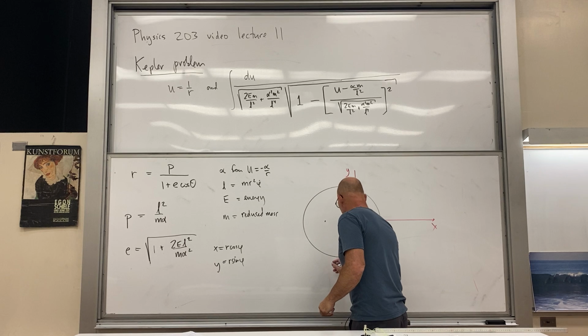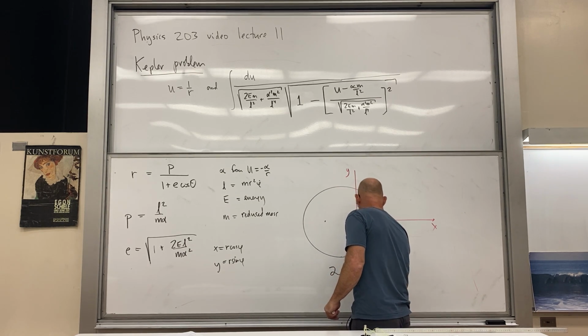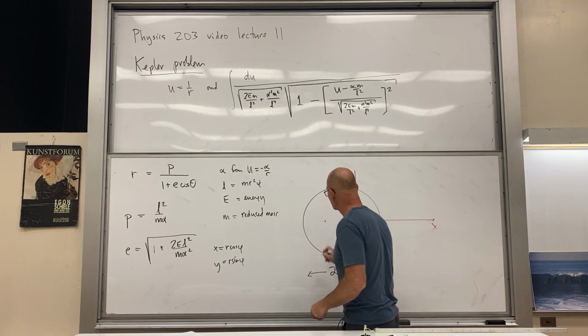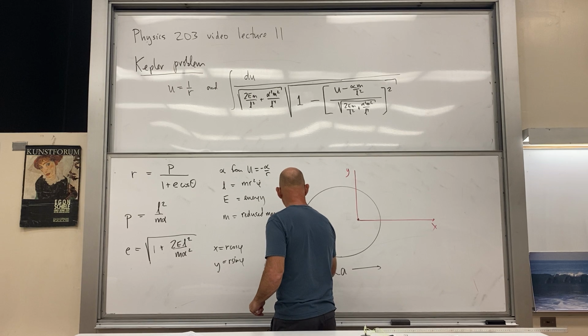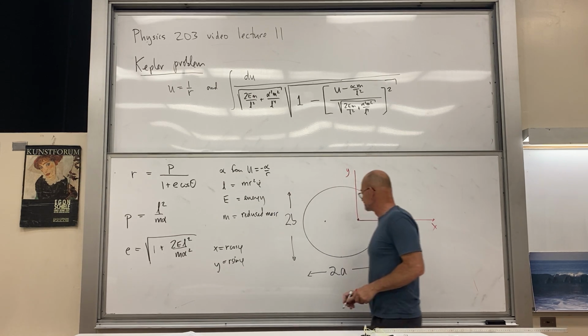We had the semi-major axis. We have 2 times A in this direction, and in this direction we have 2 times B, like that.